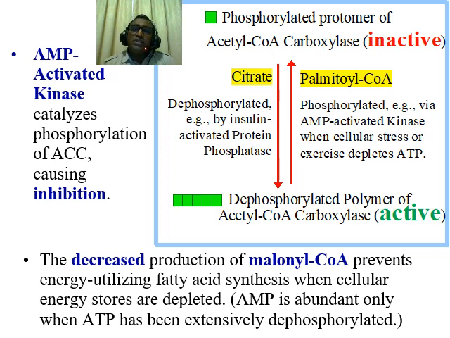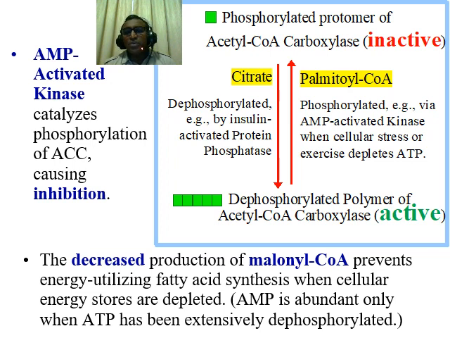Next, within this slide itself, we look into how the allosteric regulation or control takes place, where in the presence of citrate, it will cause the activation. Citrate is a product or intermediate in the citric acid cycle. When citrate is high, it's an indicator acetyl coenzyme A is also high in the cell.